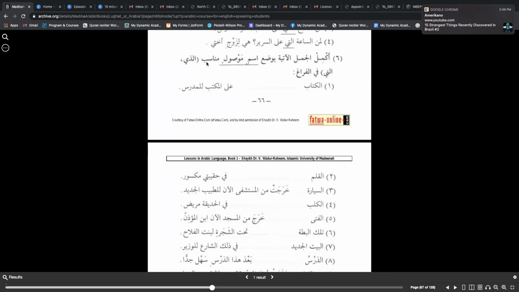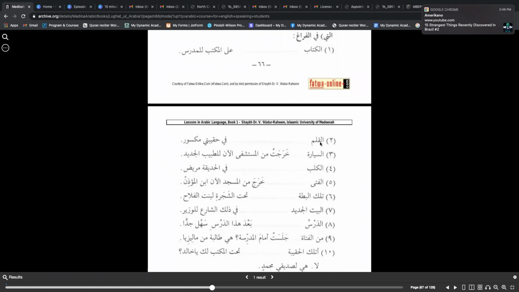The munasib is the one that's suitable or fitting for the blank. So you have to look at the sentence and, based on the context, see which one you should use. So here is al-kitab. Is al-kitab a masculine or feminine word? Kitab is masculine, so we say الكتاب الذي على المكتب للمدرس. So we use الذي. So the book which is on the desk is for the teacher. أكملت لكم دينكم, I completed your religion for you. Okay.